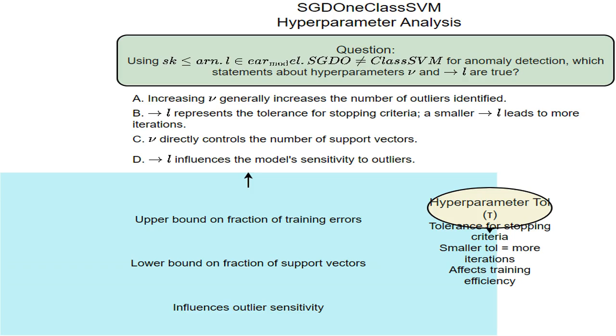The TOL parameter, or tolerance, controls when the algorithm stops training. A smaller TOL means the algorithm will keep going until it achieves a very precise solution, even if it takes more time and iterations. It doesn't directly impact how many outliers are detected but affects how efficiently the model finds them. It's all about precision versus computational cost.